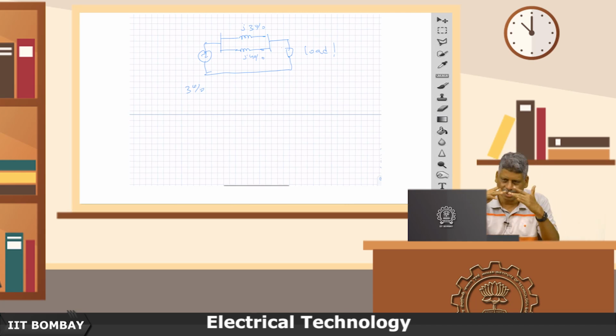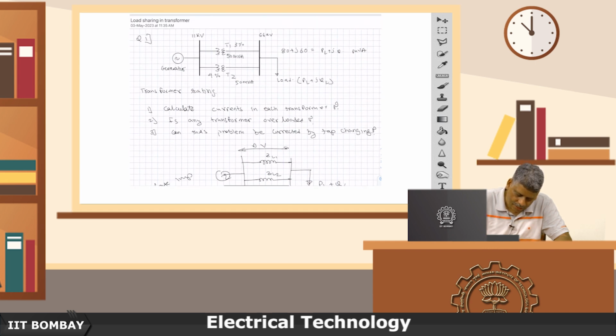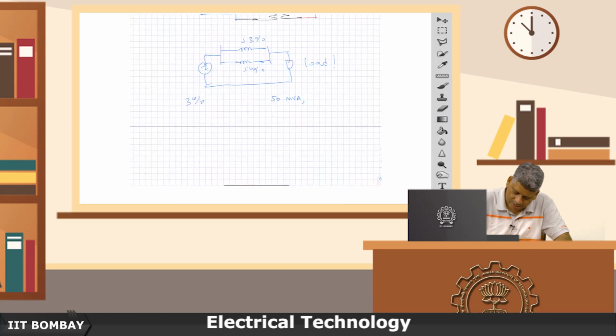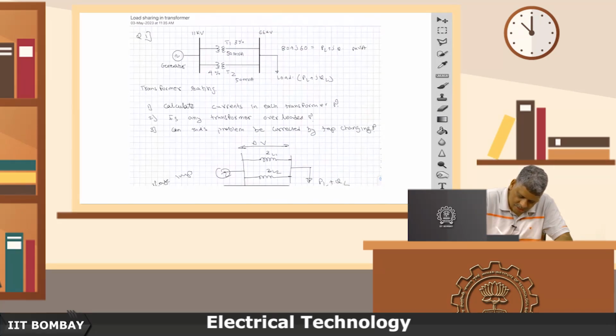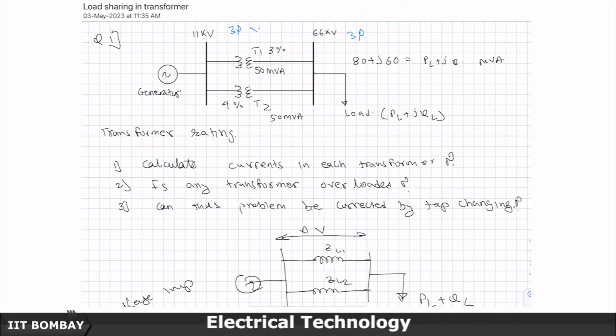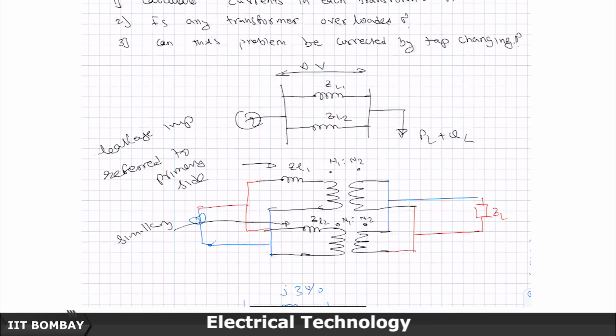You will see a lot more of this when you study the power system course, but what it means is, suppose I have a 50 MVA transformer and these are 3-phase transformers, assume they are star-star.